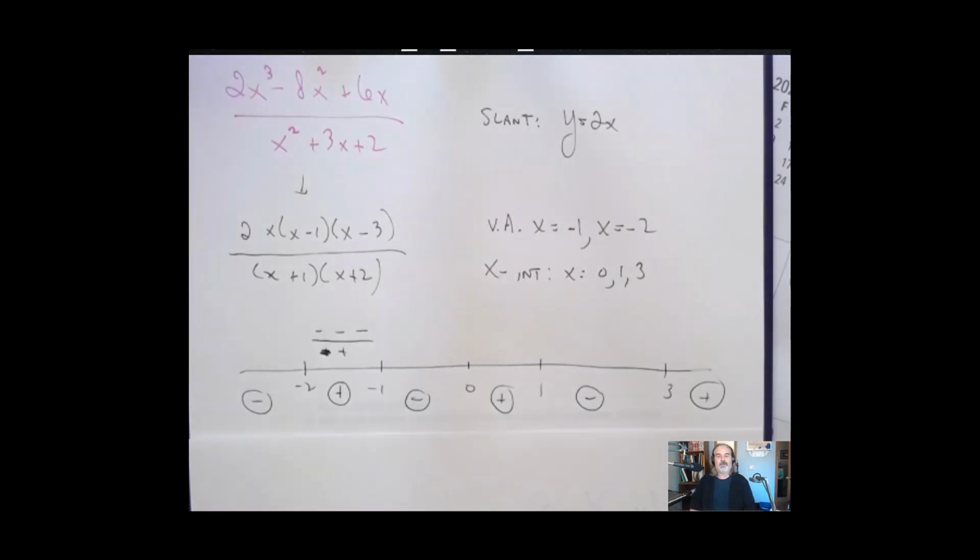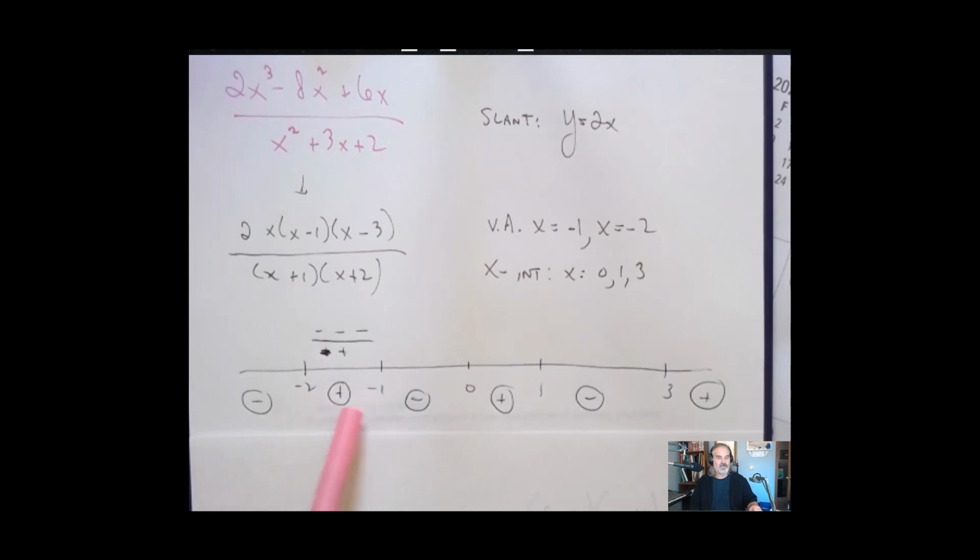Either we break the graph to go over a vertical asymptote, or we have an x-intercept, which tells us that if we're not crossing the x-axis from negative to positive or vice versa, at least we're going to touch it there. I've put all those markers on a number line, and then in between each of those pairs of values, I've used the factored version of this function to tell me whether I expect the values of the function to be positive or negative in those zones.